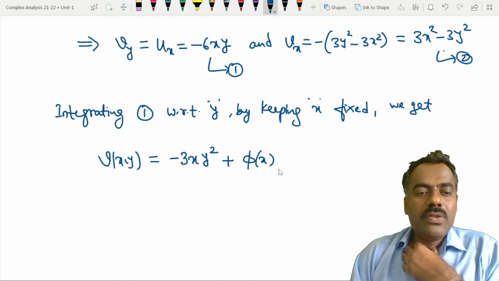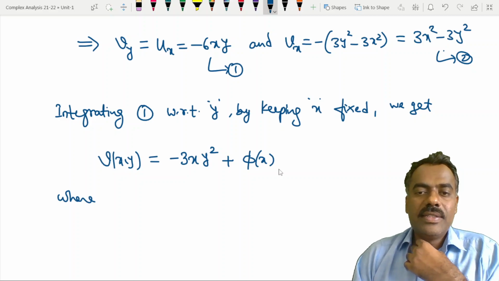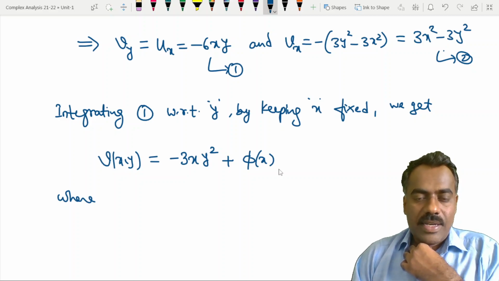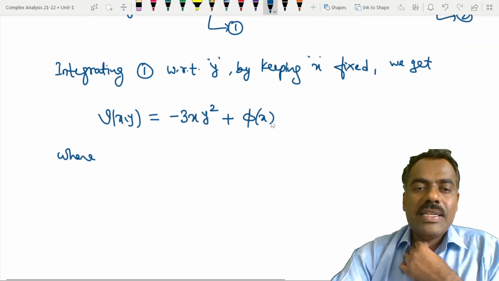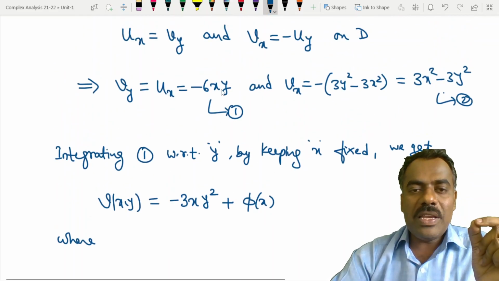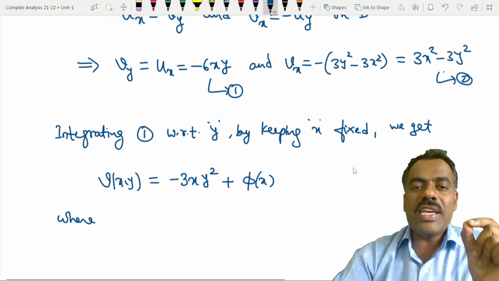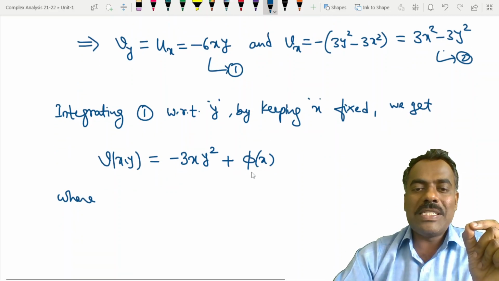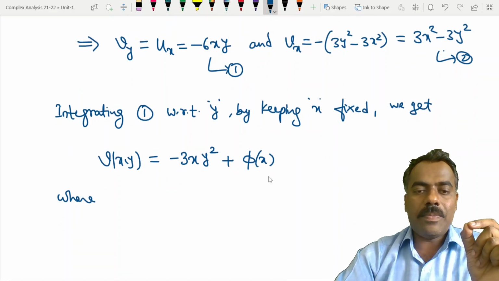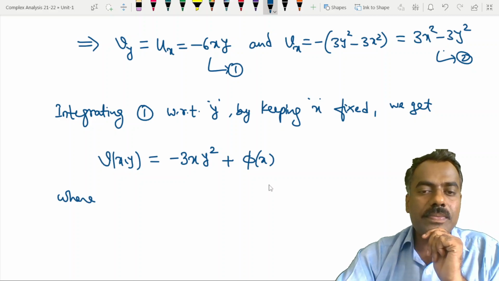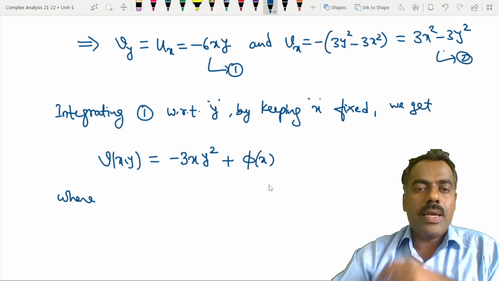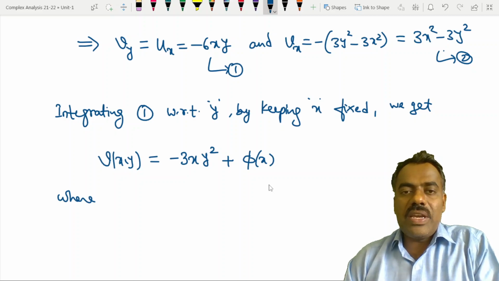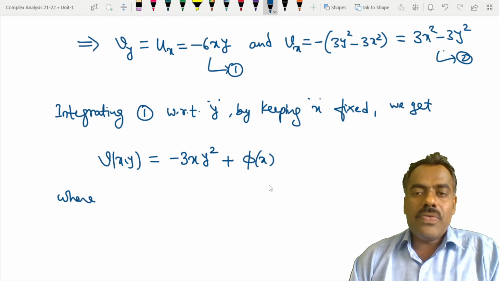Okay. So this phi x, why are we getting it? You have to understand, if, for example, here 6x naught y is there, then this might be simply some c naught. Is that clear? Because this x you can vary, whenever you vary this x, you will get a different constant here.